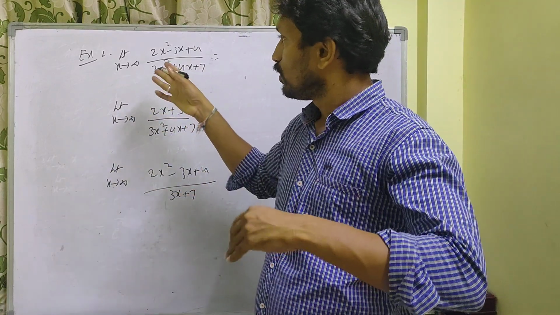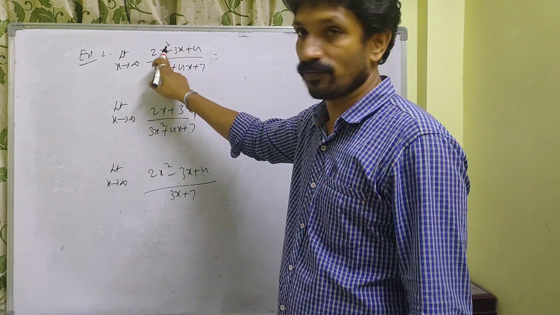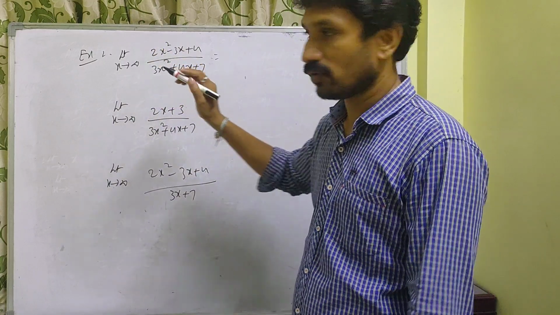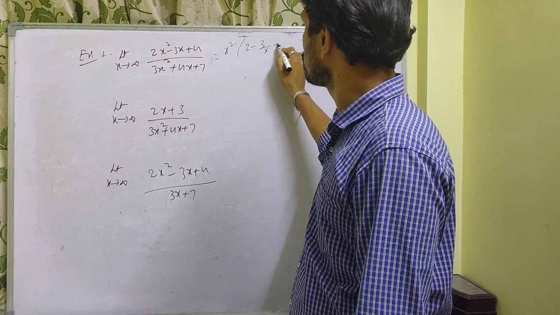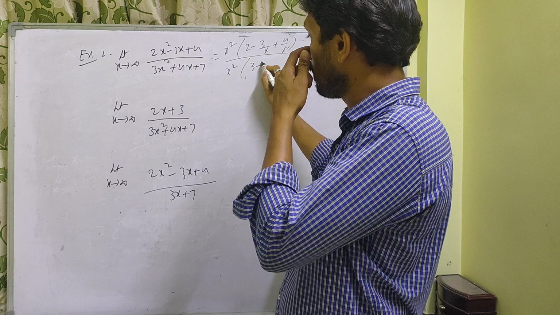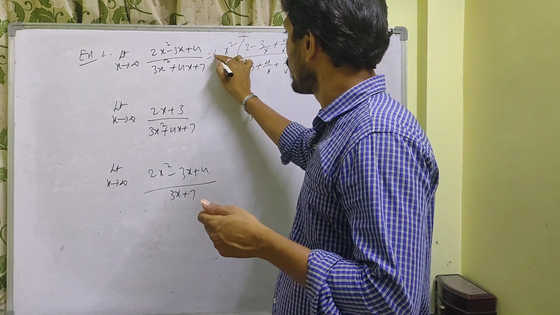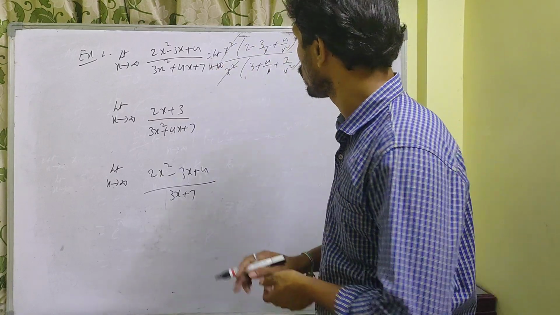But without L'Hospital rule, you do one thing. In both the numerator and denominator, take the highest power common. So x square into (2 minus 3 by x plus 4 by x square), and here also take x square common, (3 plus 4 by x plus 7 by x square). Limit x tends to infinity, x square gets cancelled.